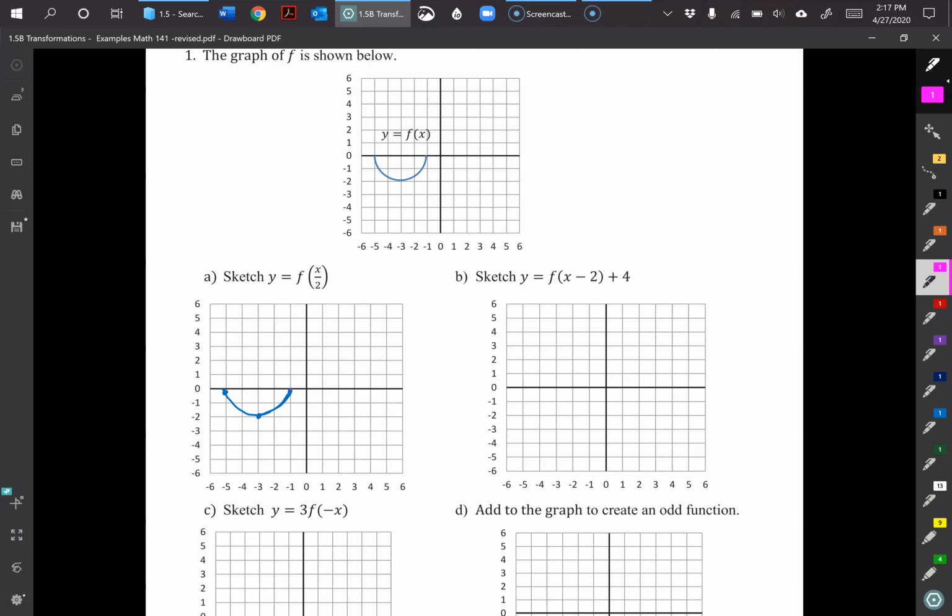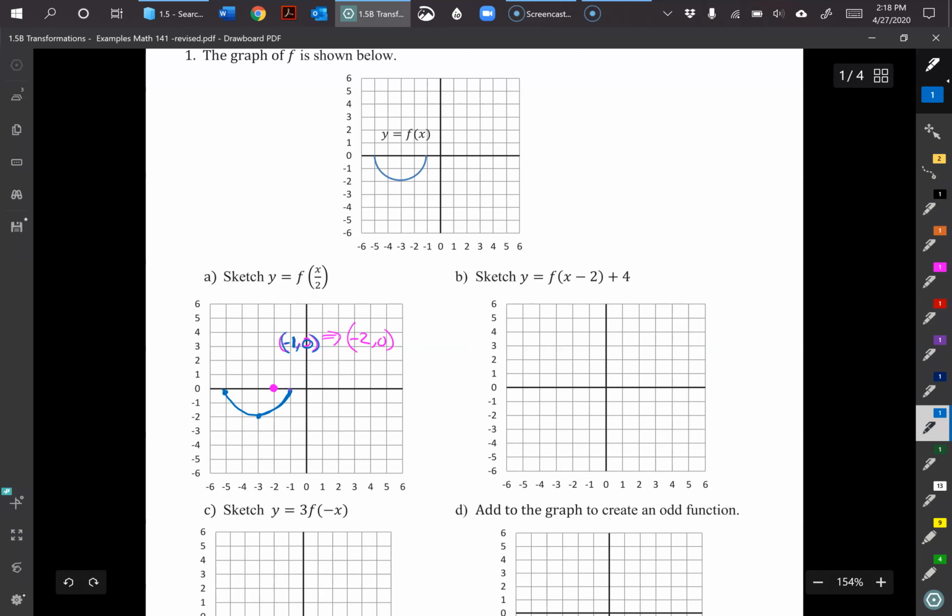I'm just multiplying that -1 x value. So this was -1, 0. And I'm going to multiply it by 2. So it transforms into -2, 0. So that goes here. My next point, so this is kind of what it was in the blue one.